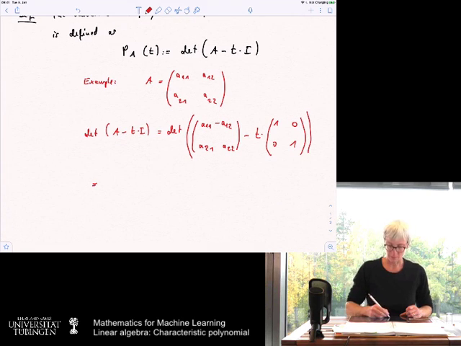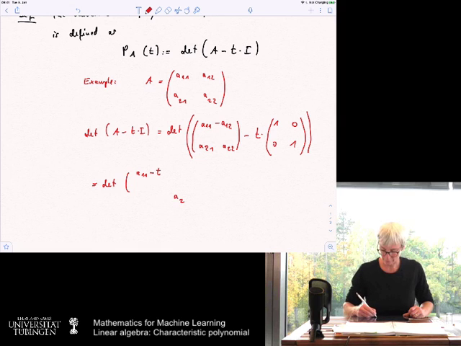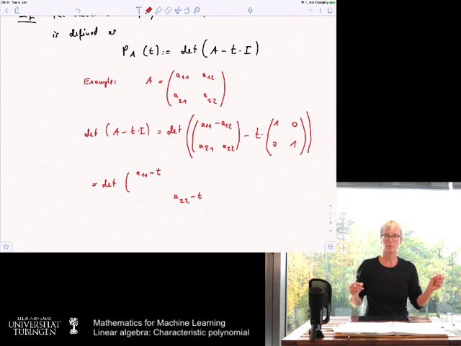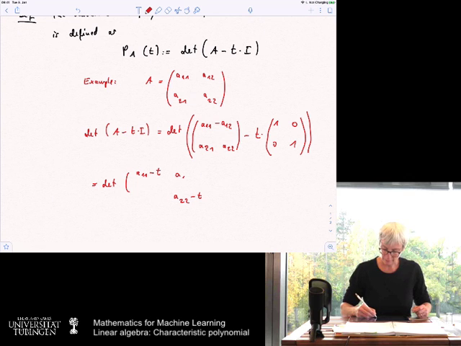Now I bring everything into one matrix. It's the determinant of a11 minus t, and on the other side of the diagonal I have a22 minus t. This is the general rule: on the diagonal I always have to subtract t from the entry I currently have, and all the other entries are going to remain as they had been before. Make the parentheses a bit larger, like this.